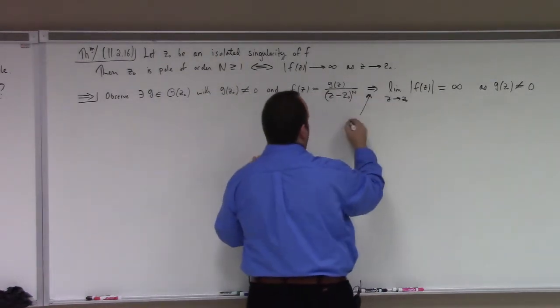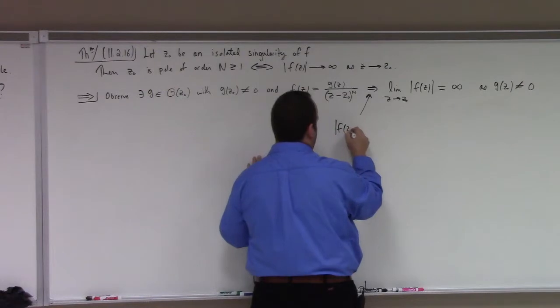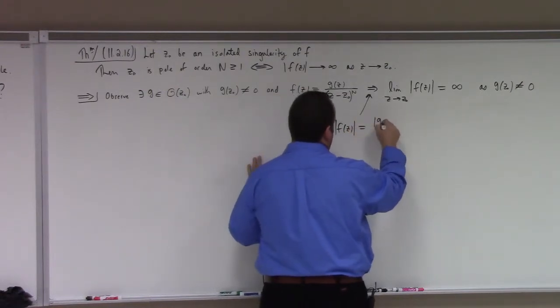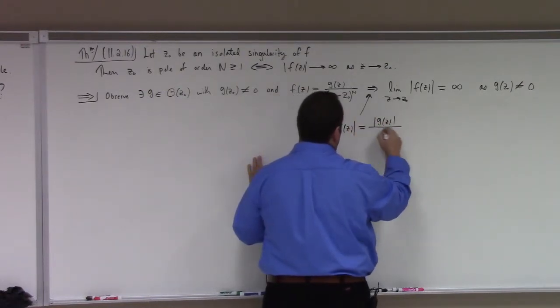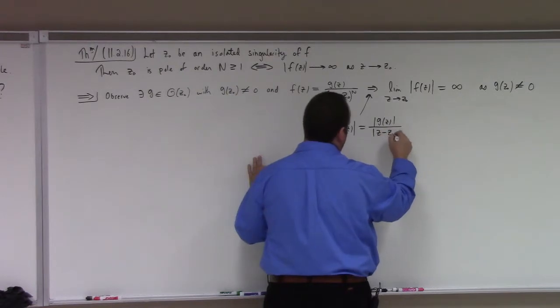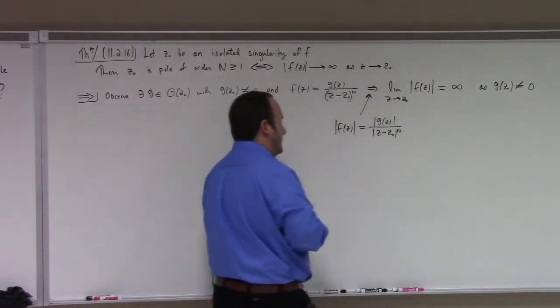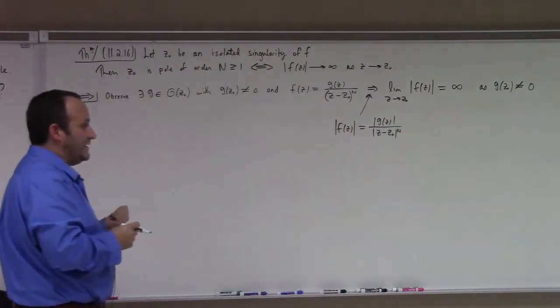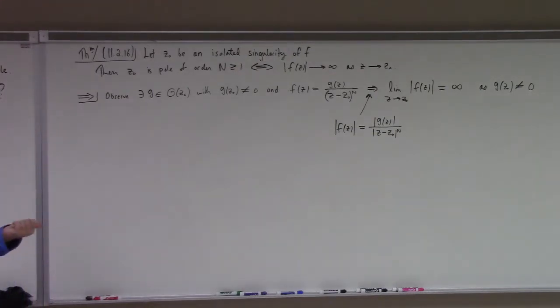To make this more rigorous, I suppose I should say that the modulus of f of z is equal to the modulus of g of z divided by the modulus of z minus z naught to the n. And as z goes to z naught, the numerator tends to g of z naught, which is something non-zero, and the denominator can be made arbitrarily small. Therefore, the limit goes to infinity.